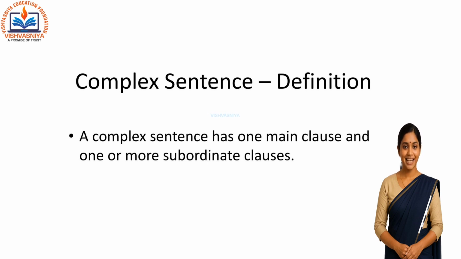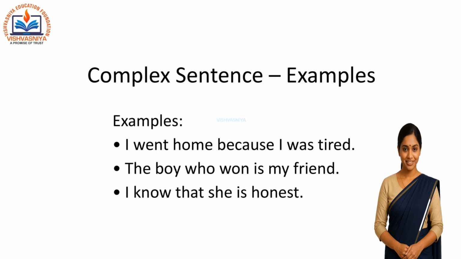Structure patterns: main clause plus subordinate clause; subordinate clause plus main clause. Examples: adverb clause, I went home because I was tired. Adjective clause, the boy who won the race is my friend. Noun clause, I know that she is honest.